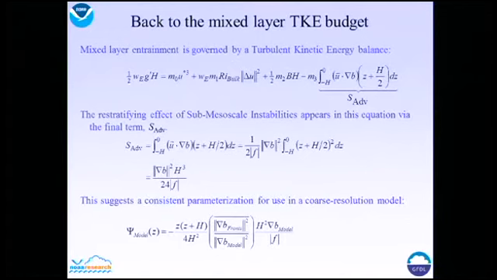Okay. And the way that we've done that is by going back to our old friend, the turbulent kinetic energy budget, and by saying, okay, I want to be putting in the right strength of the restratifying term. Sub-mesoscale eddies, because they slump, are always restratifying.